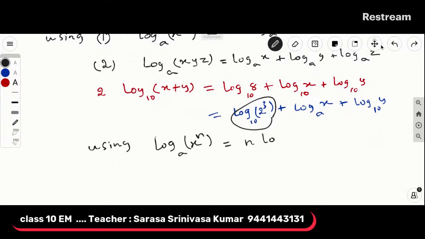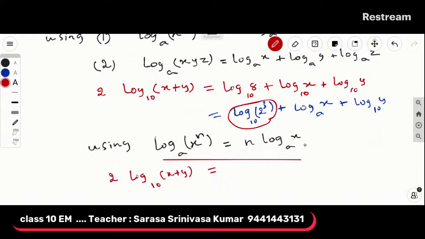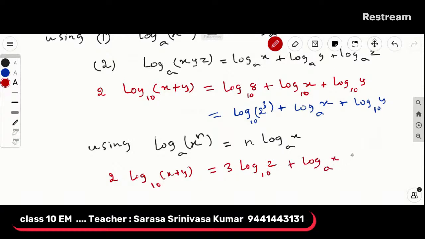Therefore, we can write the step 2 log of (x plus y) base 10 equal to 3 log 2 base 10 plus log x base 10 plus log y base 10.